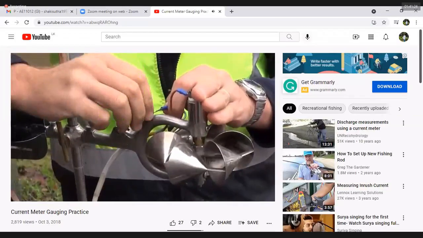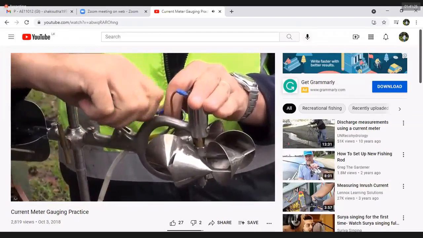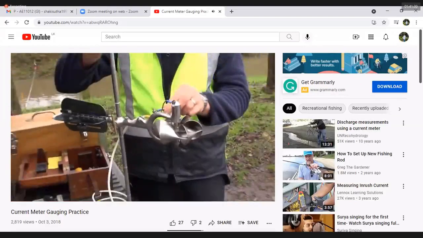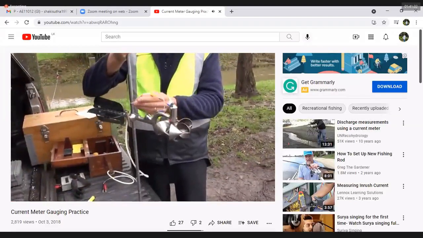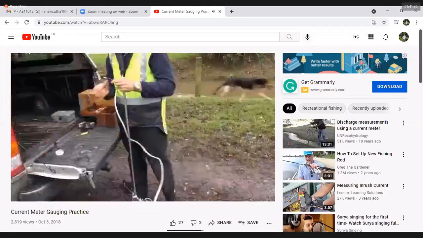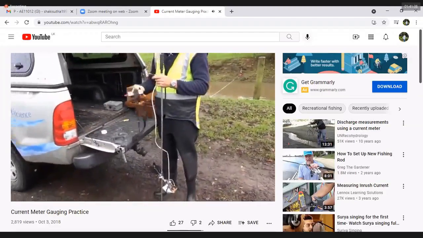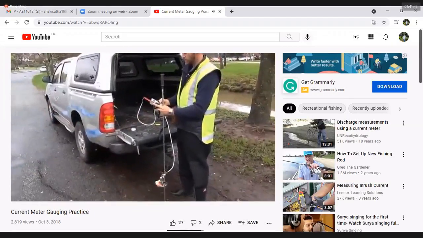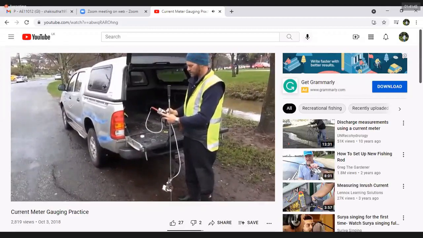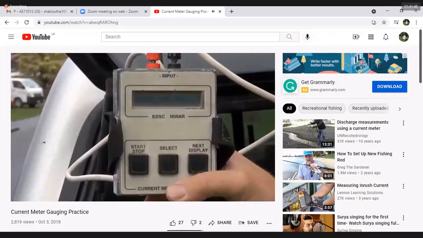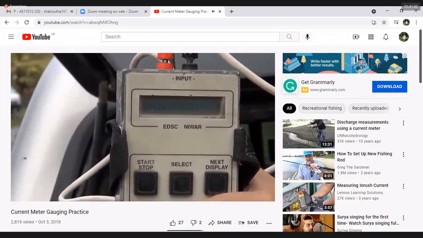This cable is used to pass the signal of how many revolutions per second, and the other end is joined with the display cable. Here, the number of revolutions is displayed.